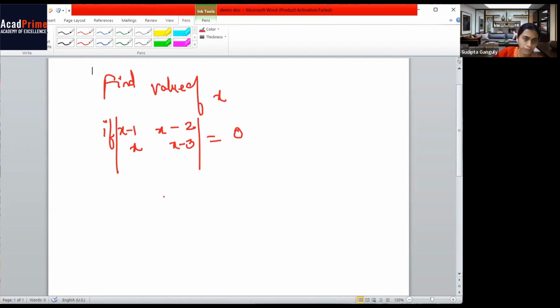As usual, the procedure goes in the same way. You have to just cross multiply. So it is x minus 1 into x minus 3, with a negative sign in between, then x and x minus 2. As we know, the value here is 0.